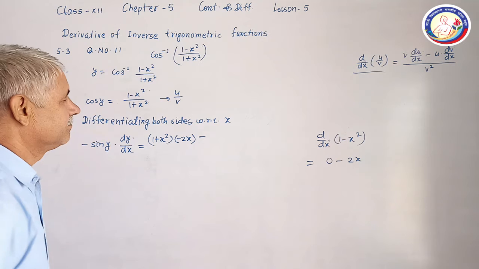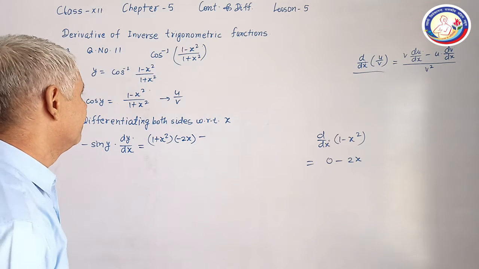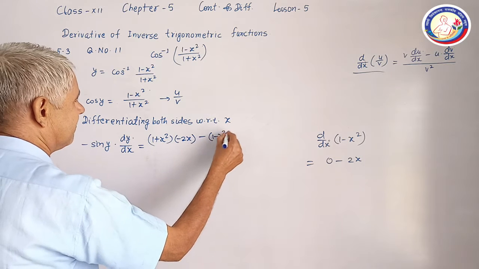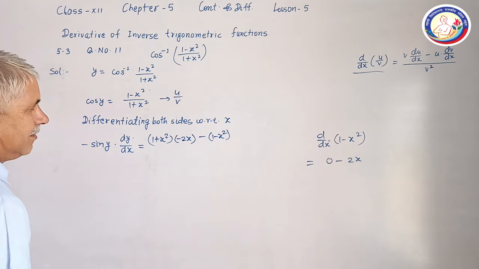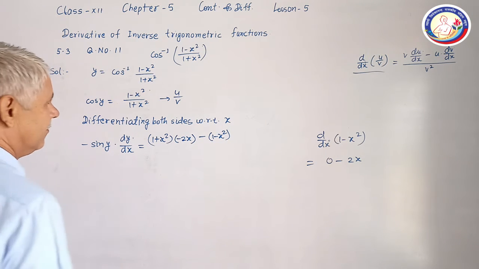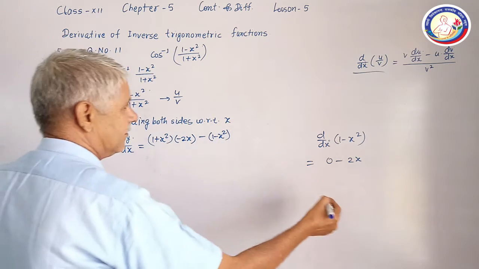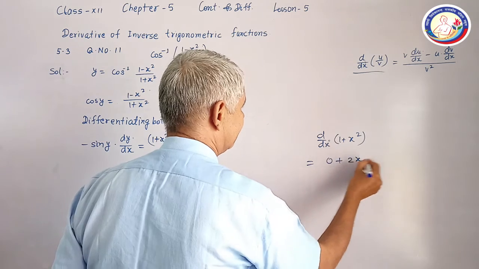Now minus u, that is 1 minus x square, into the derivative of the second function, that is 1 plus x square. It will be plus 2x.